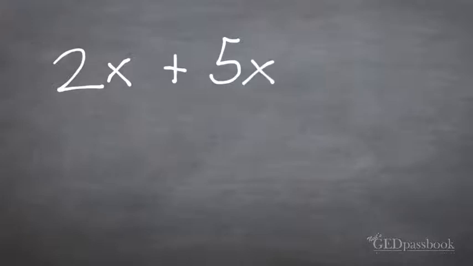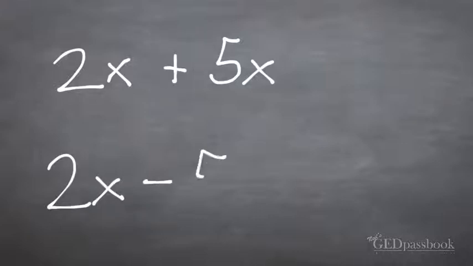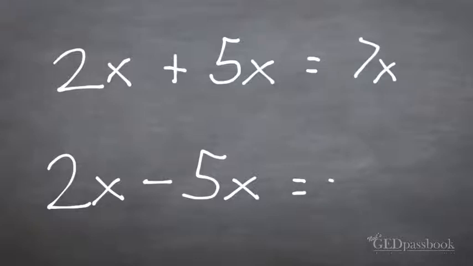Well, yeah, let's just look at it like that. 2x plus 5x, what did it equal? 7x. And 2x minus 5x, what did it equal? This one was 7x. This one was negative 3x.